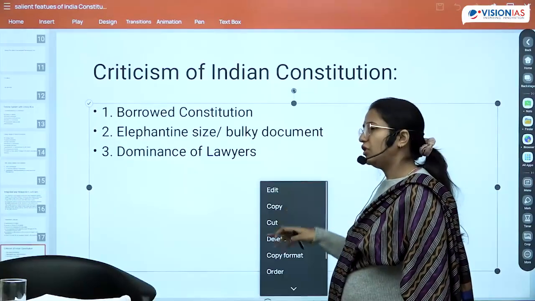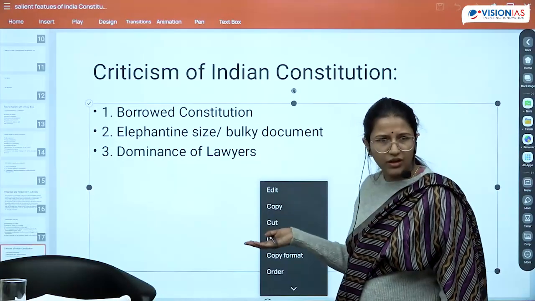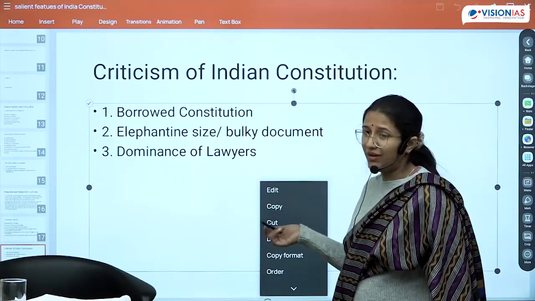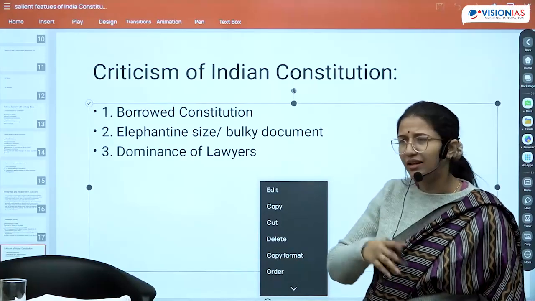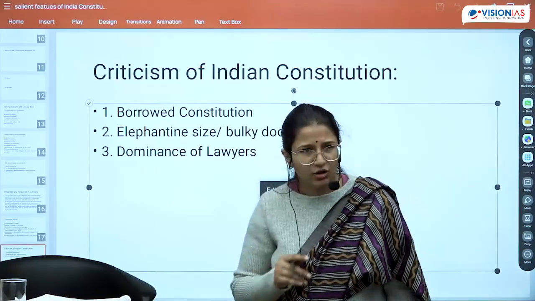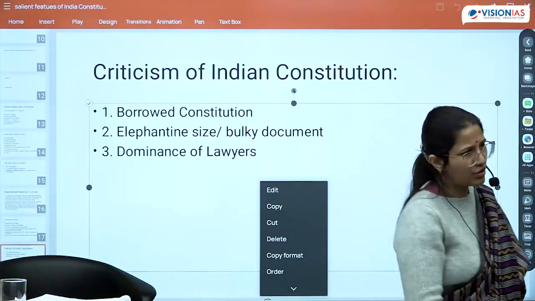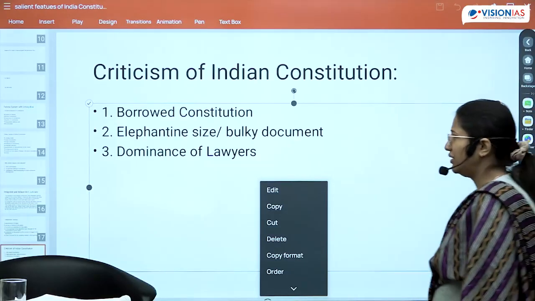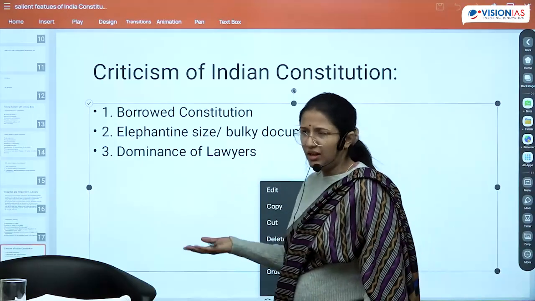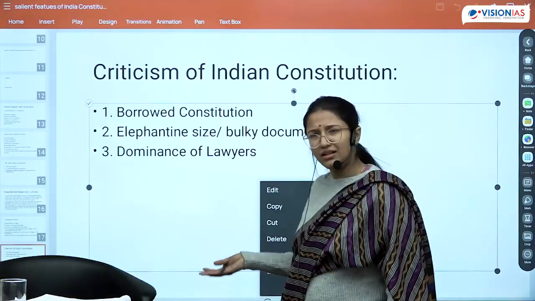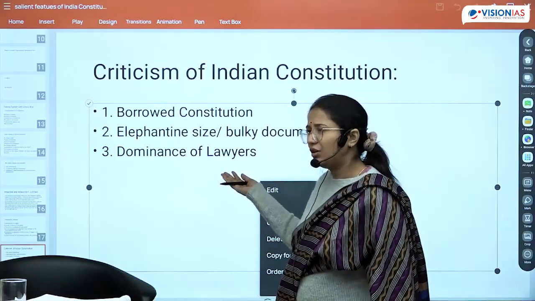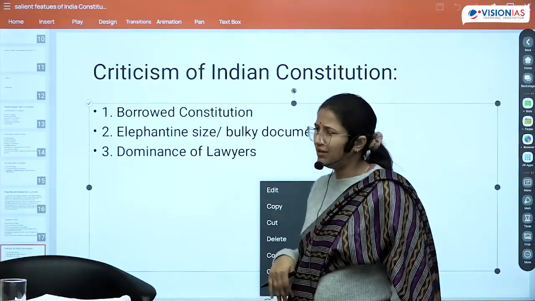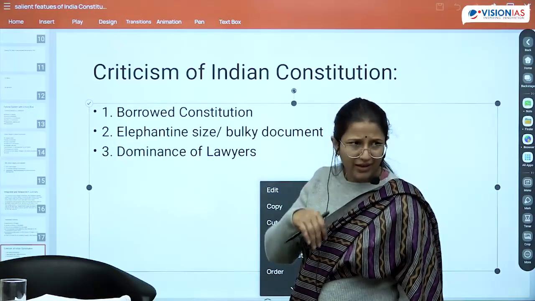And the dominance of lawyers. Yes, there was a dominance of lawyers. In fact, that is one of the reasons for the lengthy size and complex language of the Indian Constitution, and the administrative details which have been entered into it. But fine, this is true, it is how it is. But at least they were not individuals arguing in self-interest or for self-aggrandizement.